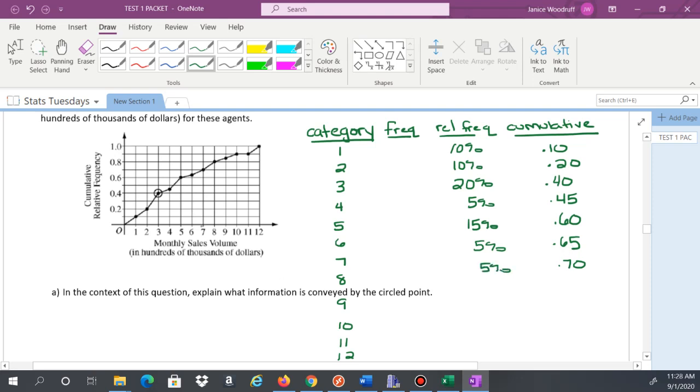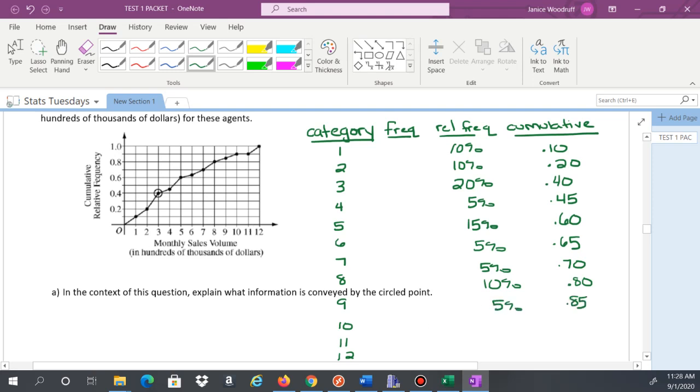You notice it doesn't jump as much as you get towards the top here. This is in hundreds of thousands of dollars, remember? So 7 is $700,000. 8, you get to 0.80. That was a jump of 0.10, so that's a 10% jump. 9 looks like it's about 0.85. So that is a 5% jump.